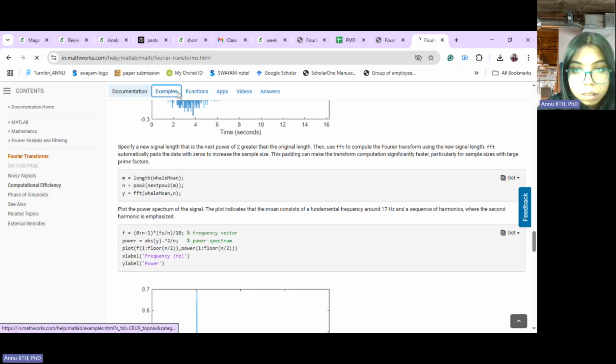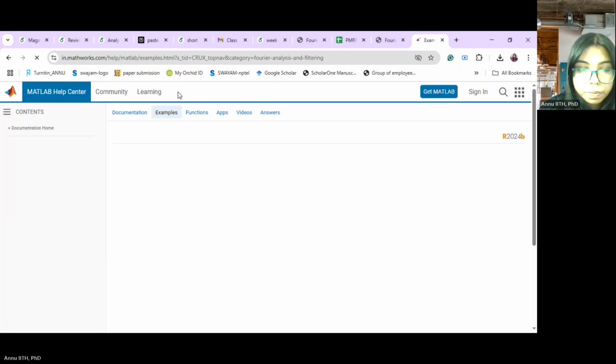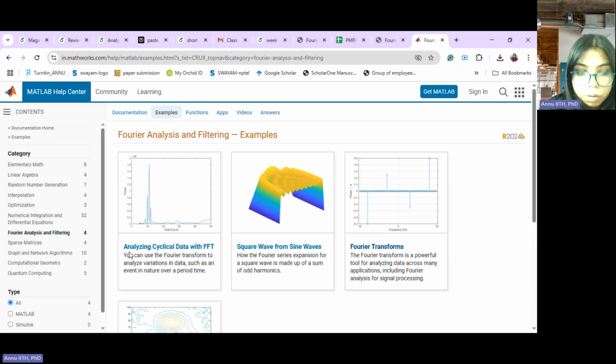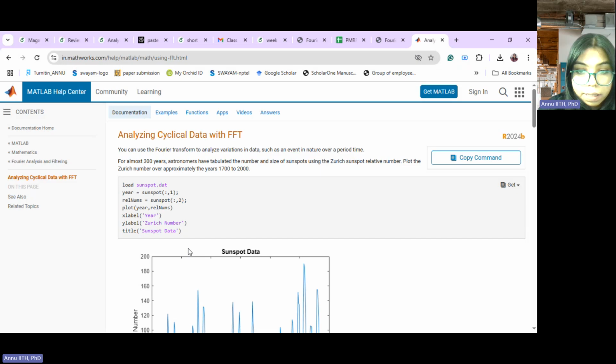So I would like to show some examples. Analyzing cyclical data, such as an event in nature over a period of time. This is one example of periodic data. You can use the Fourier transform to analyze variations in data, such as events in nature over a period of time.